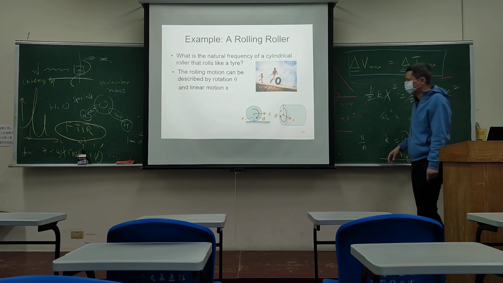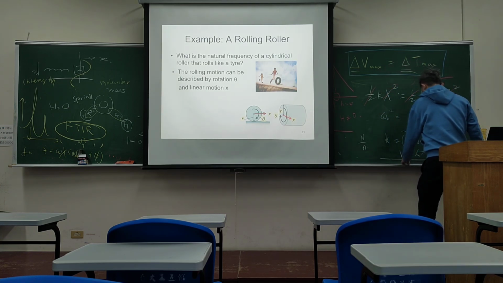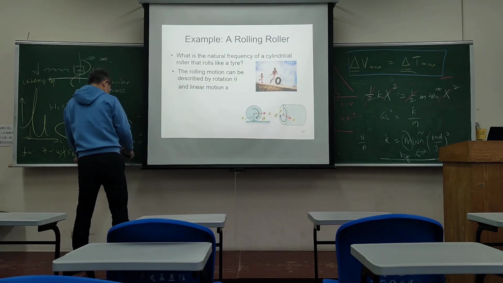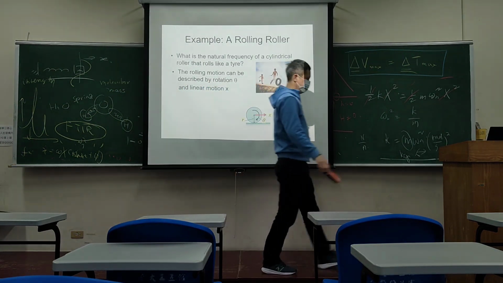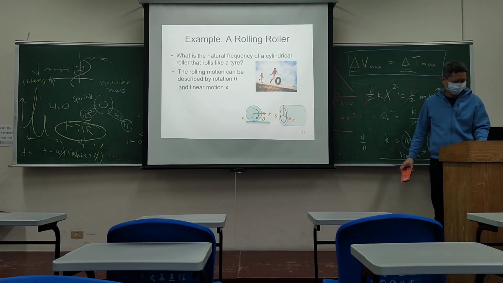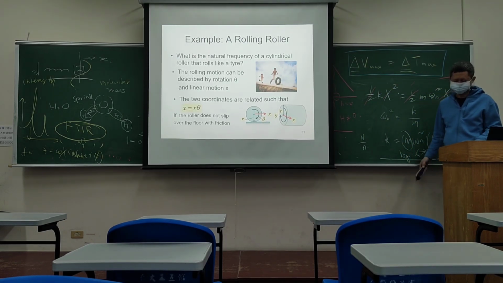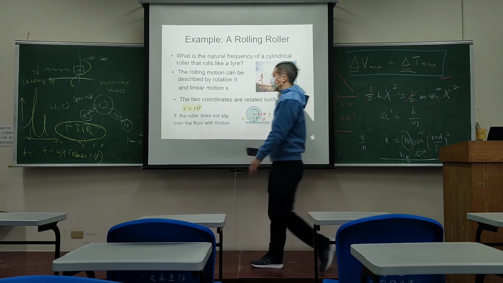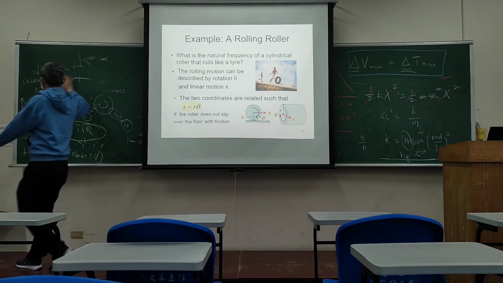Okay, a rolling motion is best determined using the angle. Okay, so let's go derive that. Okay, and then now if it hits on to the spring, okay, how are you going to solve for the natural frequency?